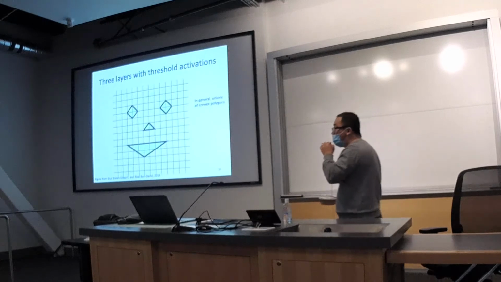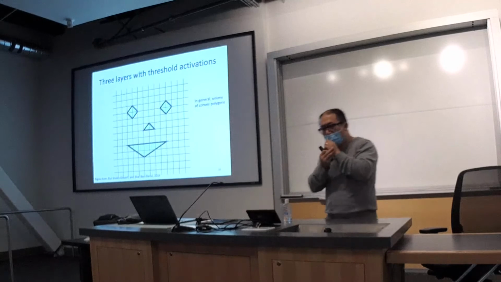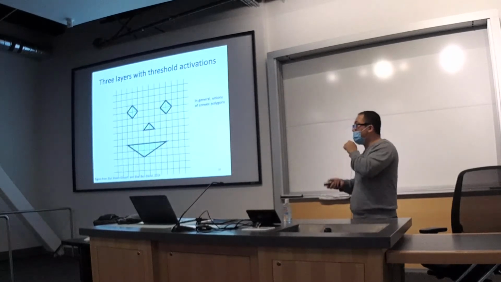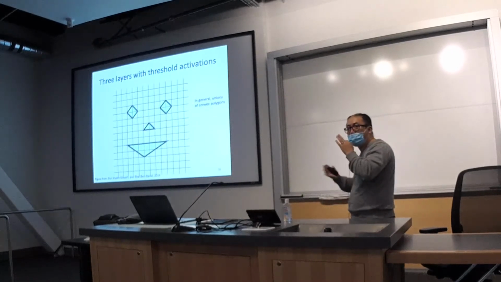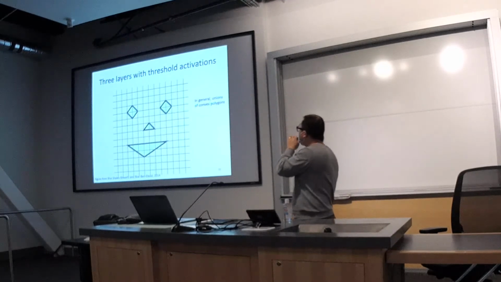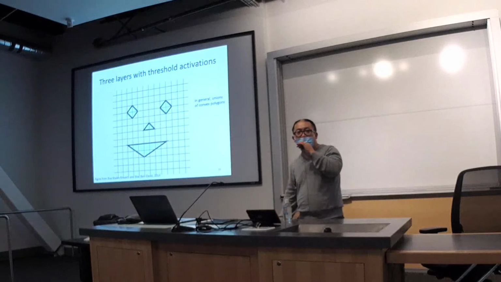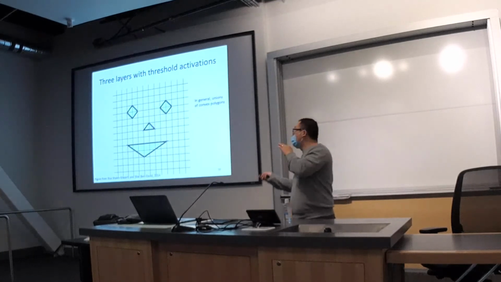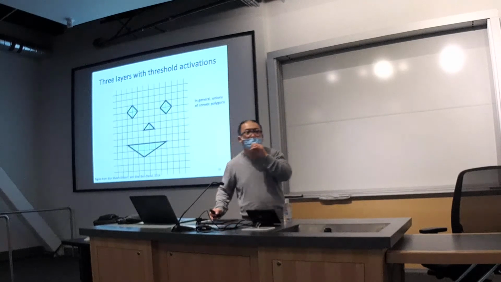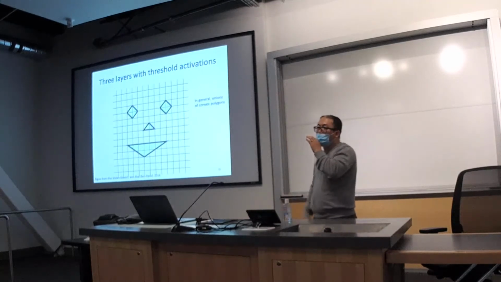What if I add one more layer? If I construct a three-layer neural network with these linear threshold units as basic components, then it can represent arbitrary finite unions of convex polygons. So it becomes even more expressive, right? Of course, in practice, people rarely use a threshold as the activation function.